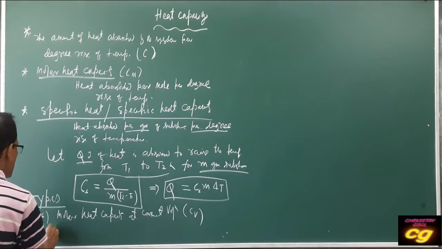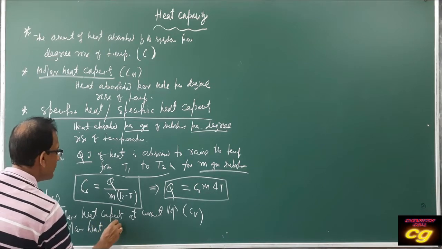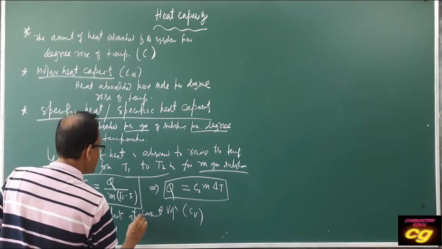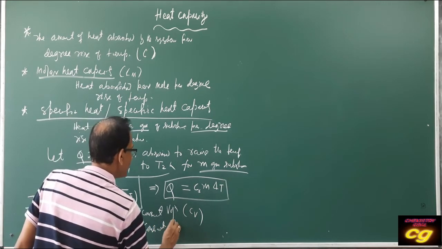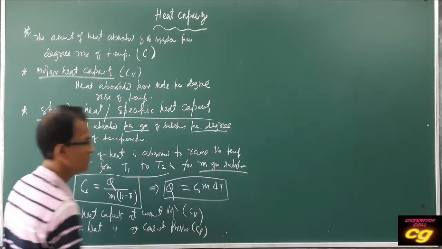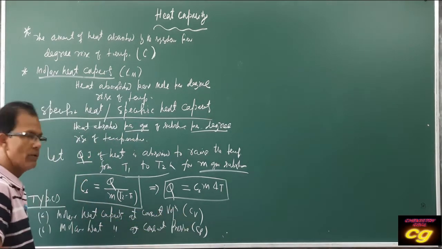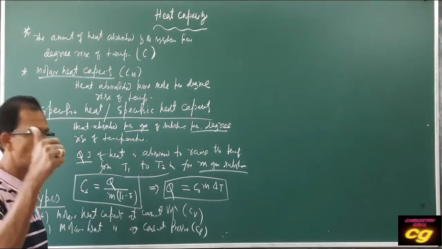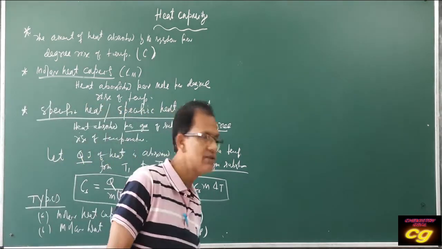And molar heat capacity at constant pressure, that is Cp. There are two types of heat capacity: heat capacity at constant volume, molar heat capacity meaning per mole, and molar heat capacity at constant pressure.